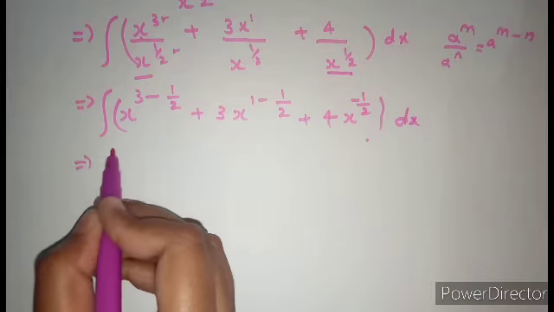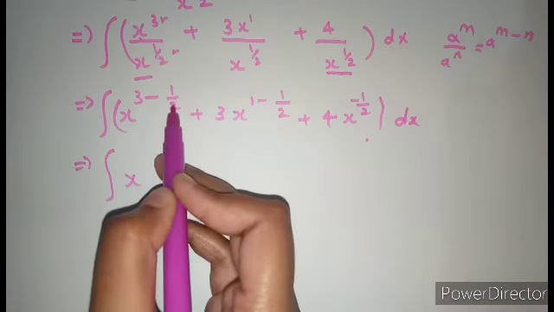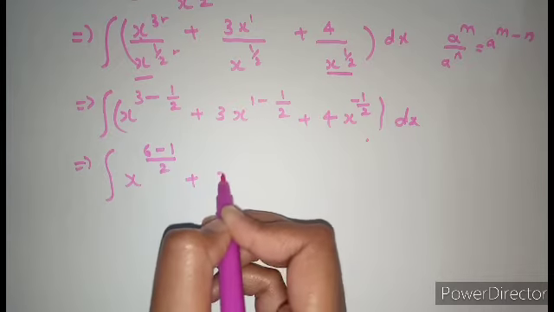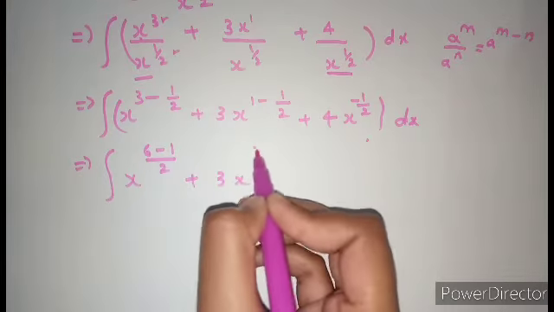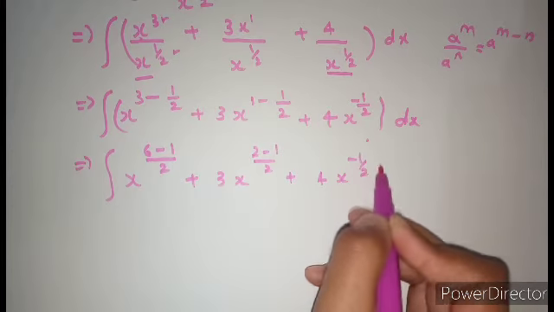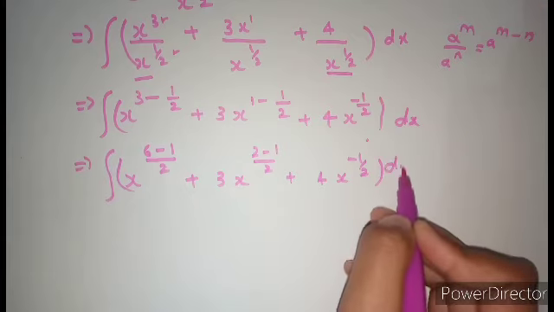So integral, solve this. 3 2s are 6 minus 1 by 2, plus 3, 2 1s are 2 minus 1 by 2, plus 4 x to the power of 1 minus 1 by 2 dx.